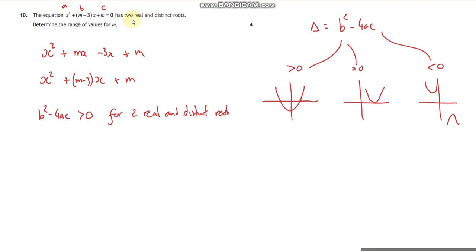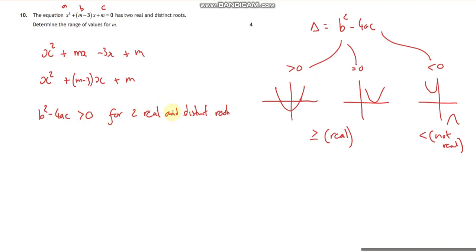Watch out when it says has real roots. If it's just real roots, it is greater than or equal to 0 because they are both real. I've seen that in questions before where it talks about just real roots. So greater than or equal to is for real, and then less than would be not real. So watch out for that.